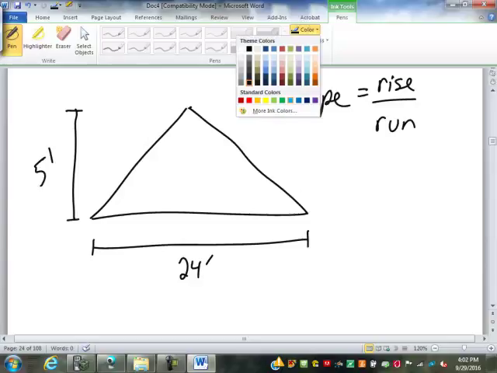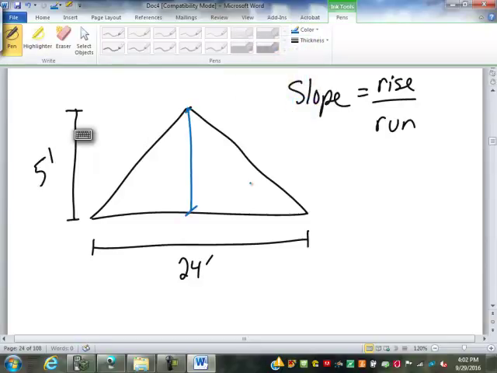The rise here is just this distance. That is the 5 feet. The run is not the 24. The run is the length of that sloping surface, which would be half the 24, the 12 feet.